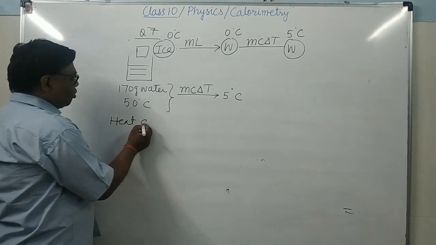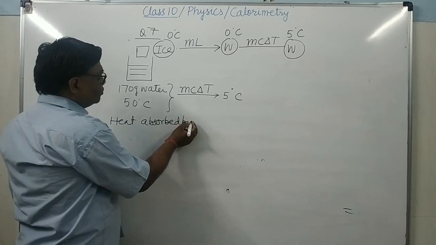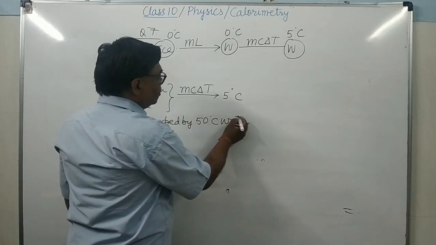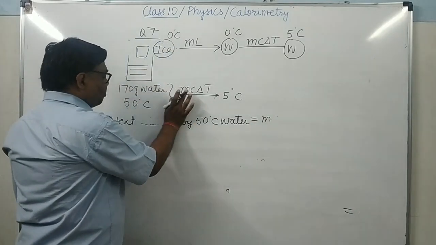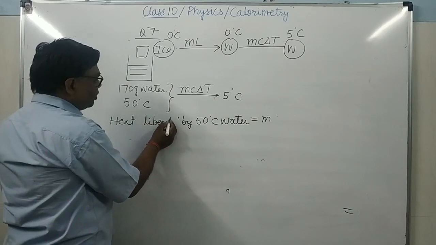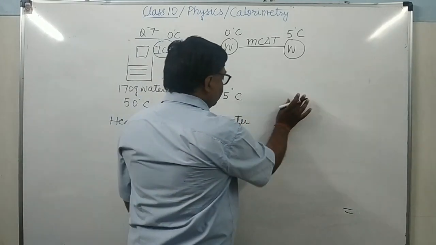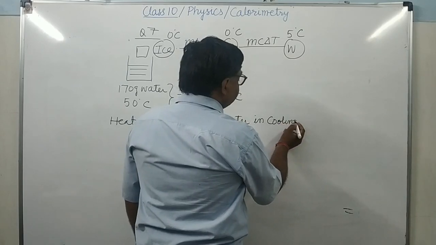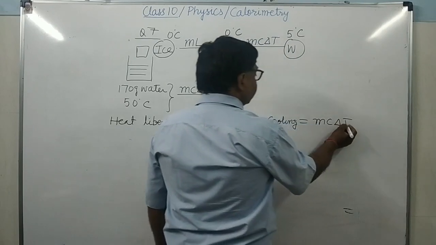So heat absorbed by ice is equal to heat liberated by 50 degrees Celsius water in cooling. So it will be equal to m into c into delta T.